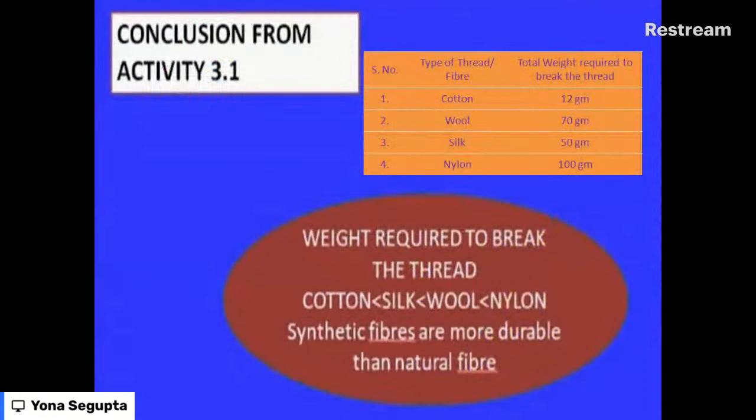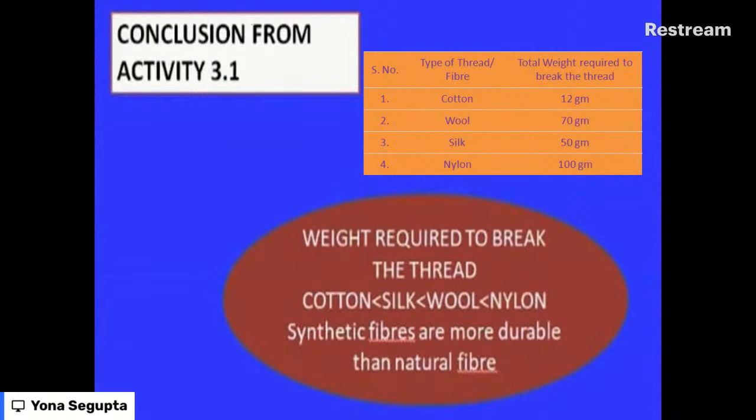Okay, so what is the conclusion from it? Here you can see the total weight and the conclusion from this activity. This is the first activity we are doing, activity number 3.1. So the thing is cotton, wool, silk, nylon.